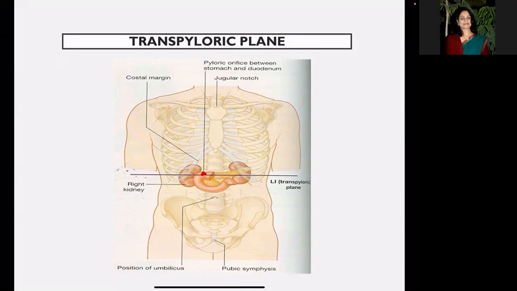Here is also the duodenum, which starts in the plane, and it is related on either side. On the left side, the spleen is present, and in this line, the body of the pancreas is also present.